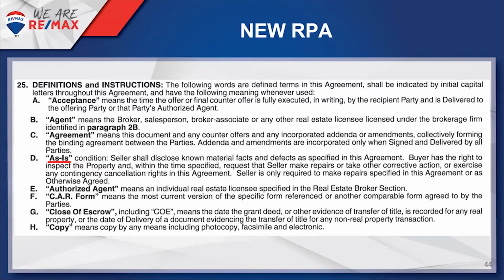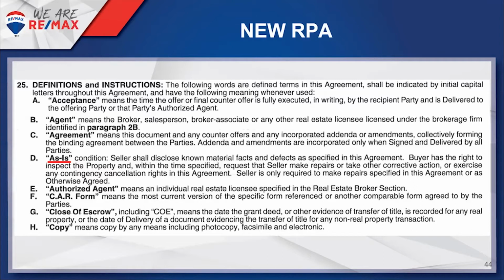Now, as a buyer's agent, if your offer contained a repair request in the offer, and the most common would be, we still have agents, and I'm not opposed to it. CAR doesn't like it, but as long as the listing agent pays attention to what they're obligating their seller to do, if a buyer wants a clear termite and they write that in the offer, and the seller counters back as is, that removes the obligation to make that repair.